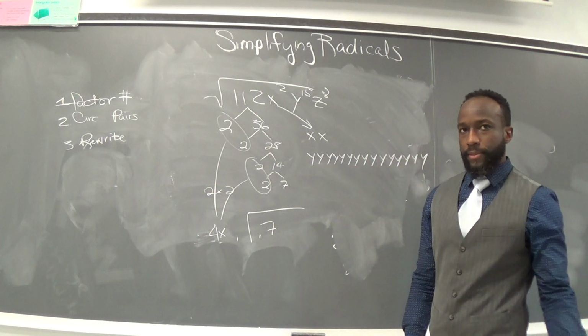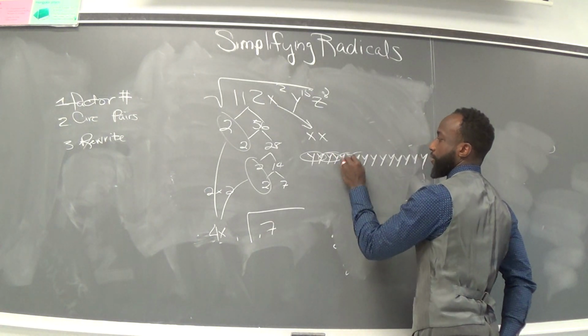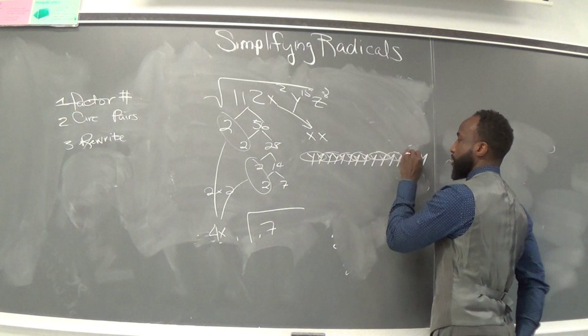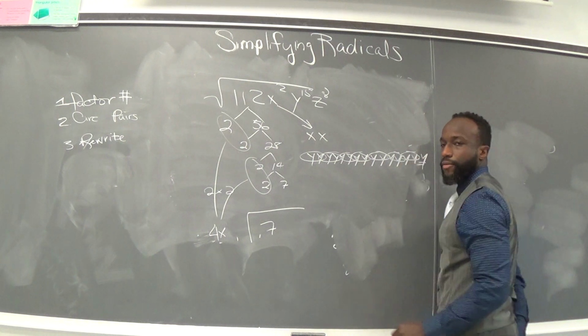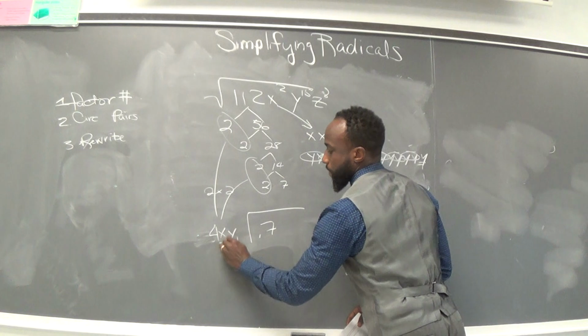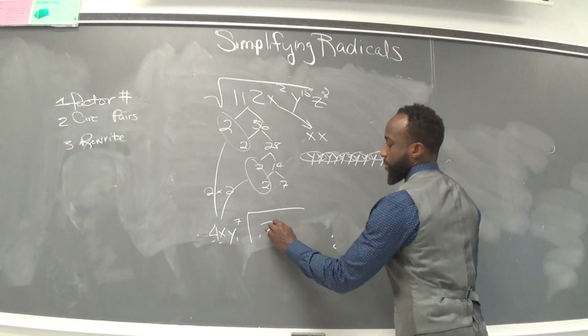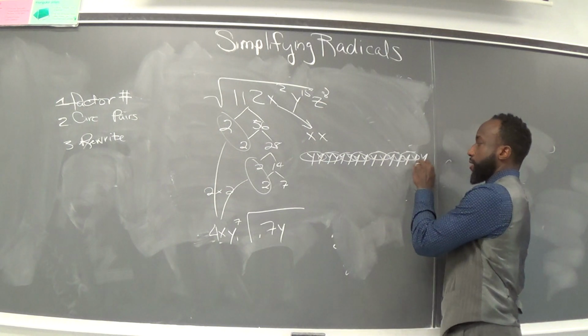Alright, this is just the harder way. 2, 3, 4, 5, 6, 7. 1 left over, right? So, we got 7 pairs. So y to the 7. Y, we got 1 left over.